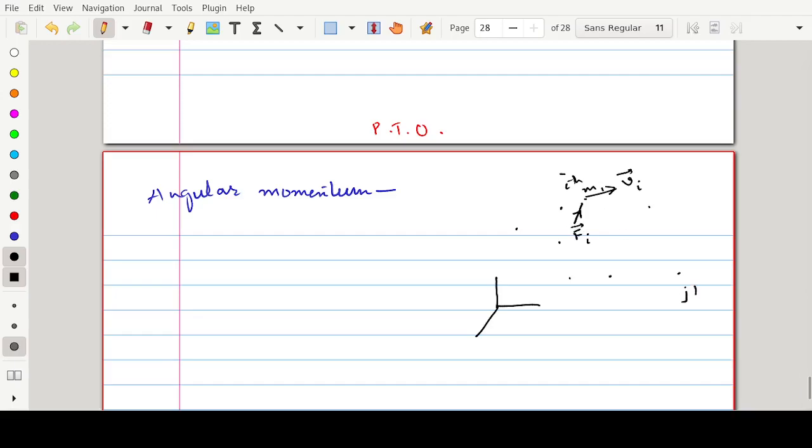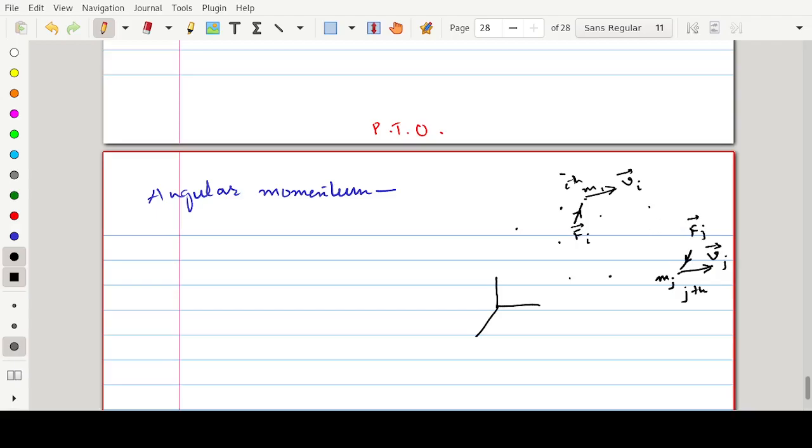Suppose that this is your jth particle, so its mass will be mj, velocity vj, external force Fj.